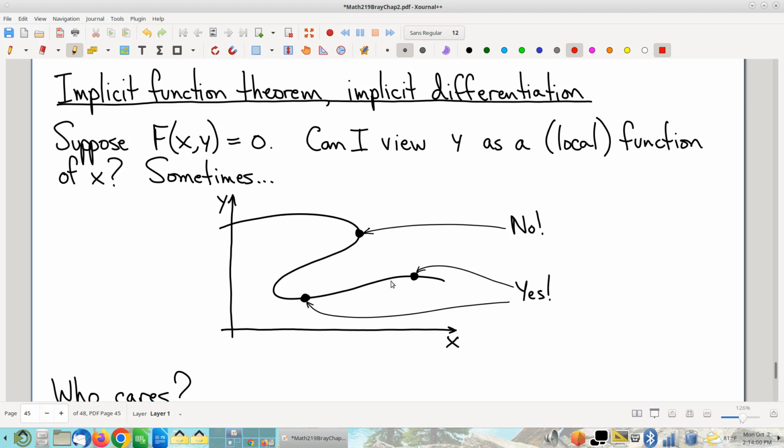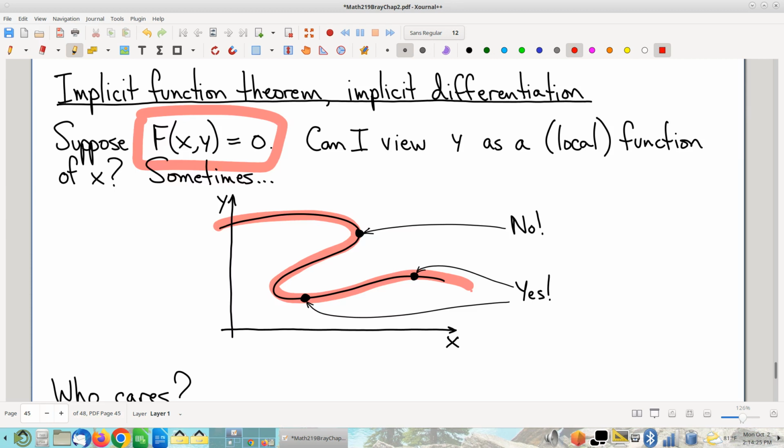So here's the main idea. I'm going to start with an equation involving two variables, which of course gives me a curve. Notice this curve is currently given as a level set, right? X and Y are both input variables to this function capital F.